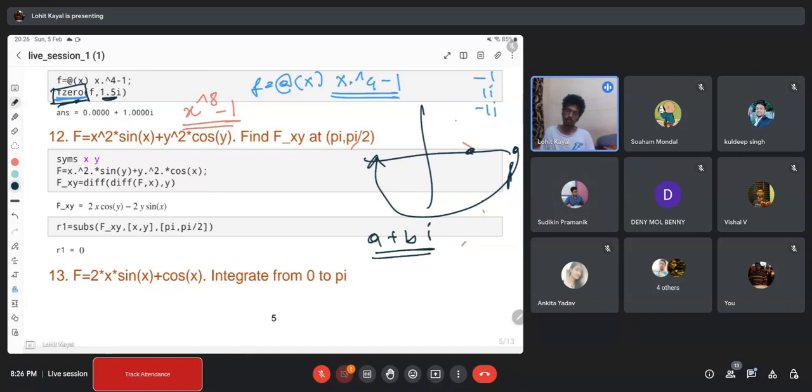Sir, I am writing F0 f comma 4 plus 8i. It is returning an error using F0. It is showing you error.